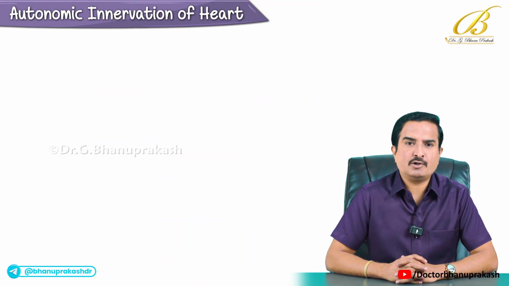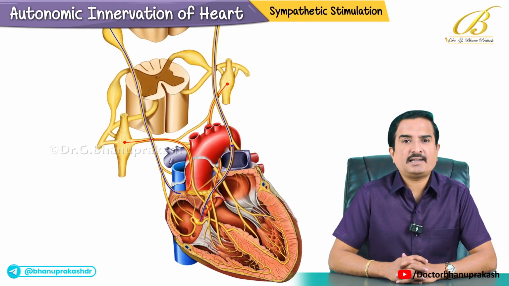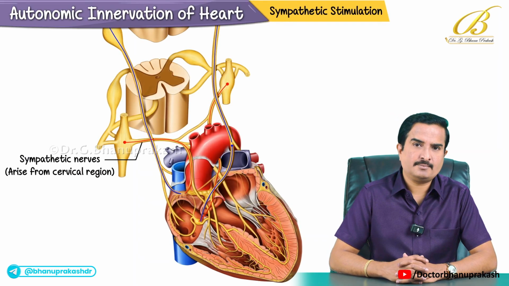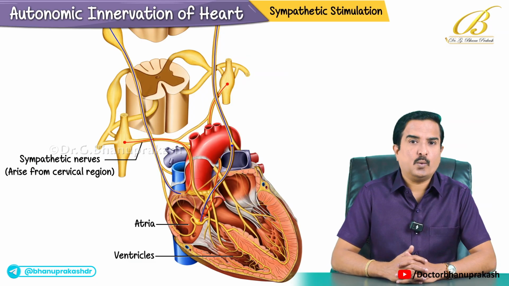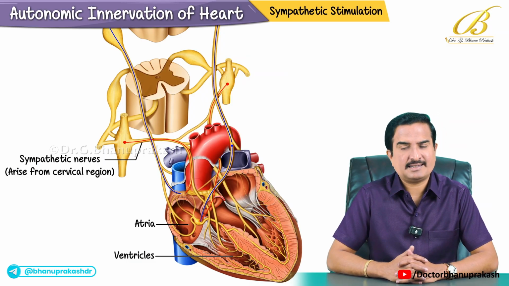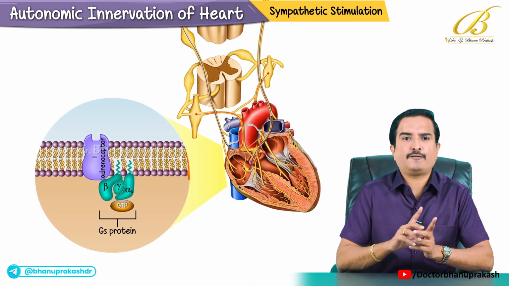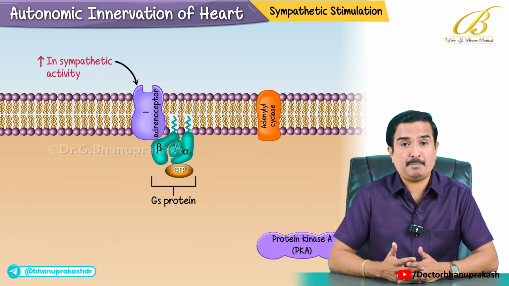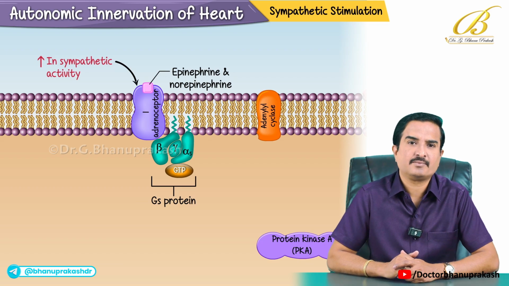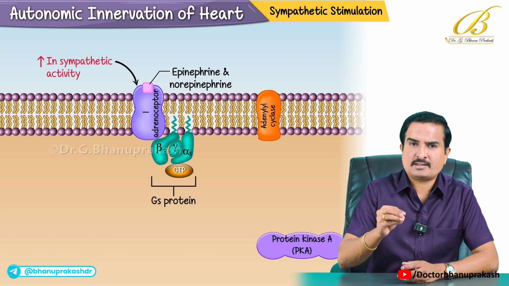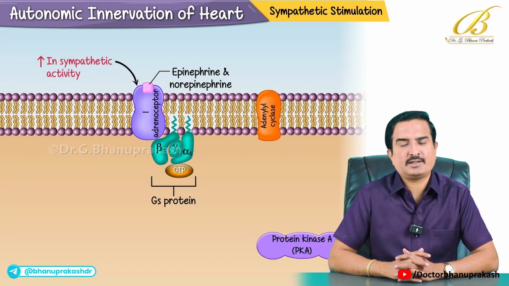First, let me talk about sympathetic stimulation. Sympathetic nerves arrive from the cervical region and innervate both atria and ventricles. When the sympathetic system is active, think of fight and flight situations, epinephrine and norepinephrine bind to β₁-adrenergic receptors of the heart. This triggers a cascade inside the cell.